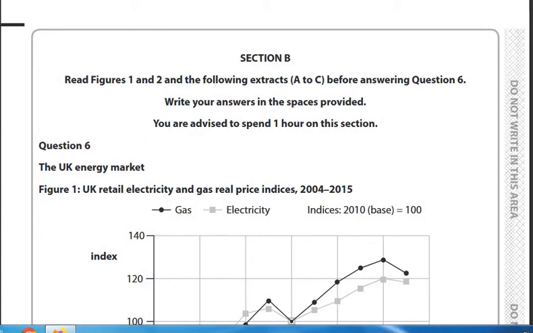So they say that you're advised to spend an hour on this section. I think in reality you're probably going to end up spending a bit more on this section, and the way to do that and not run out of time is to try to wade through Section A as fast as possible. If you can do maths and you know your stuff, Section A shouldn't really be too much of a problem.